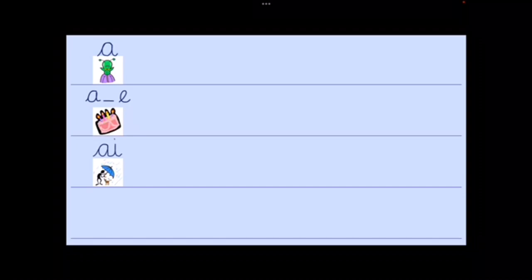A, at the end of a syllable, we'd write with the letter A. Middle of a word, first choice, A consonant E. Second choice, A-I. And so far, we haven't covered the choices for the end of a word. We have gone straight to I. We've missed E out for now because of the pattern that we see for choices.